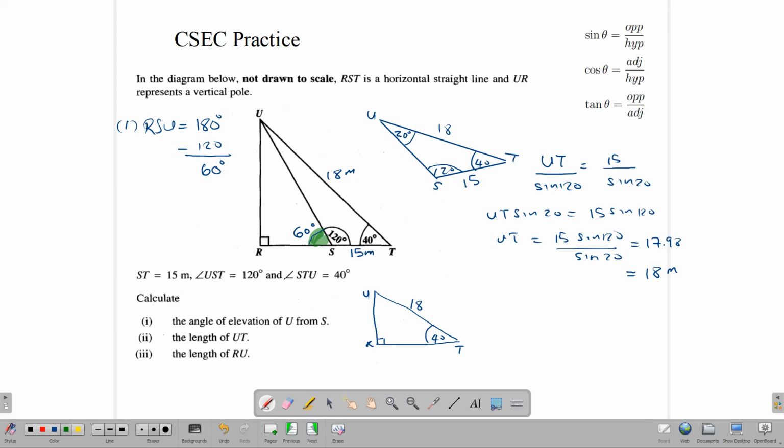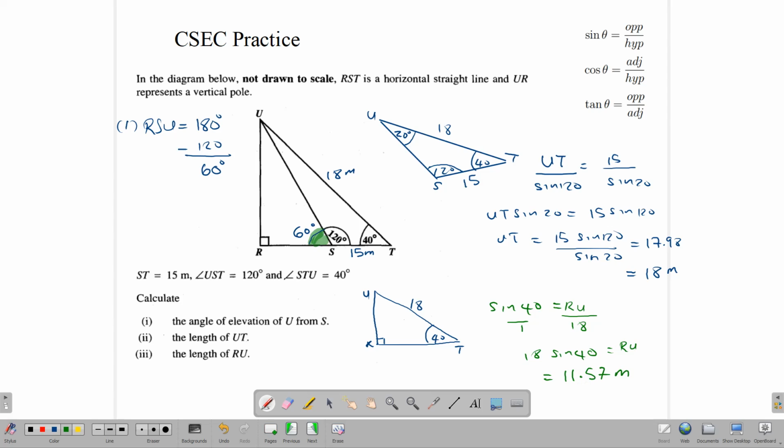So the sine ratio says that sine of 40 is going to be equal to opposite, which is RU, divided by 18, and we can do a simple cross multiplication there again. 18 sine 40 should give us RU, and of course you plug that into your calculator, 18 sine 40, and that is equal to 11.57 meters.